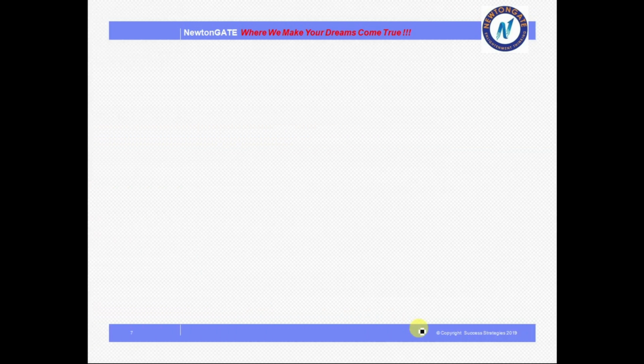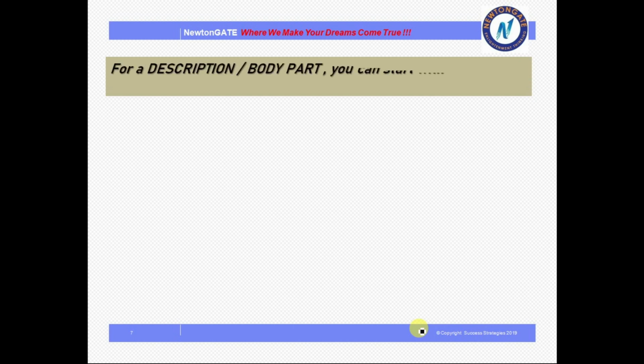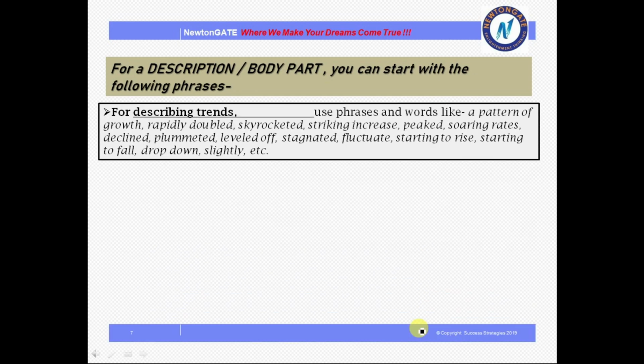Next, let's see how we should start writing the description or the body part. For describing trends, as I told you, I will be elaborately explaining what different types of description or body part we actually face in the analytical paragraph. For describing trends, use phrases and words like a pattern of growth, rapidly doubled, skyrocketed. Skyrocketed will be used when it is extremely high.